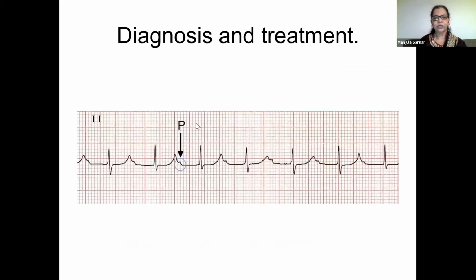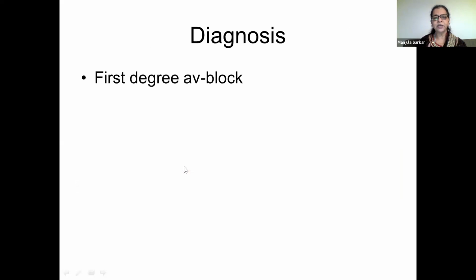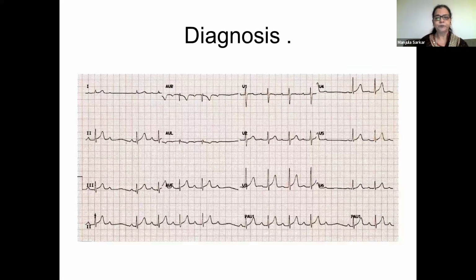Now, what about this? P wave, but QRS complex is not following. So this is first degree AV block. See in this lead 2.